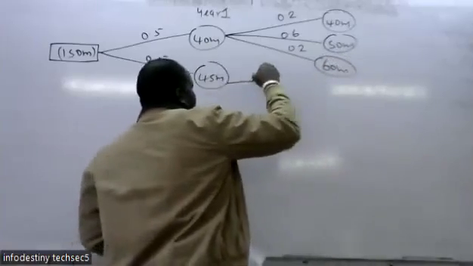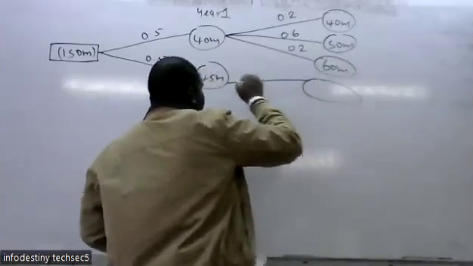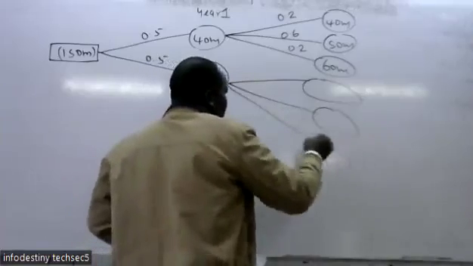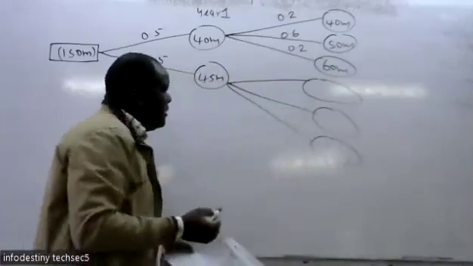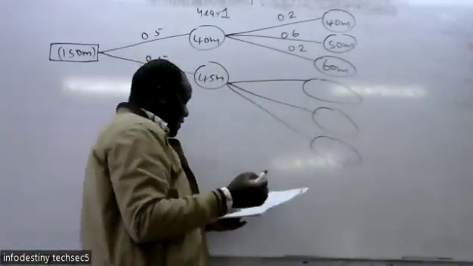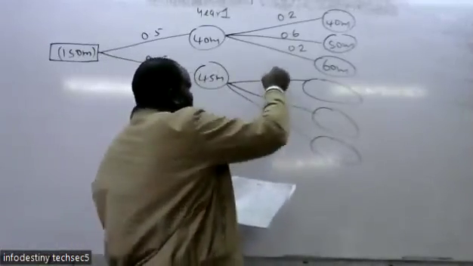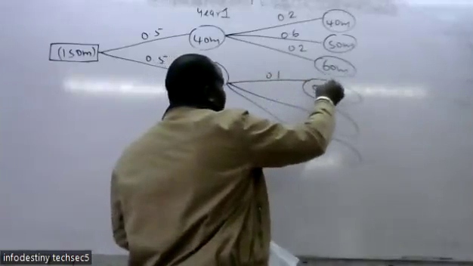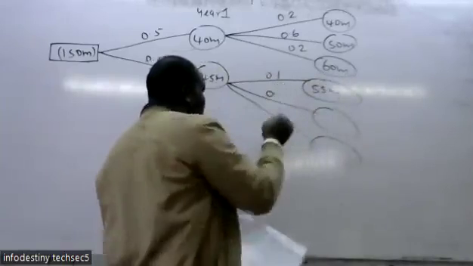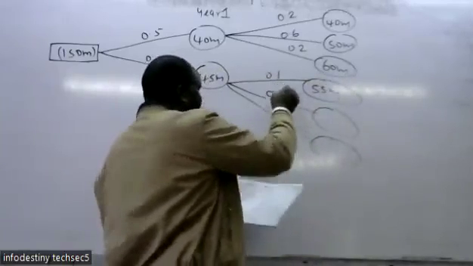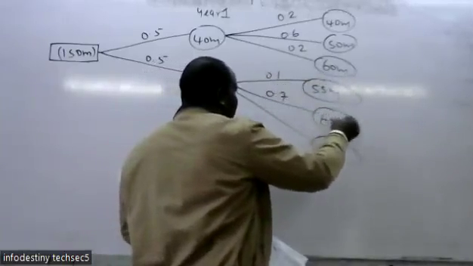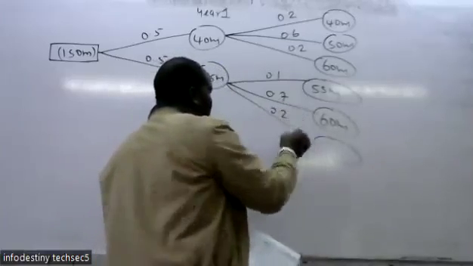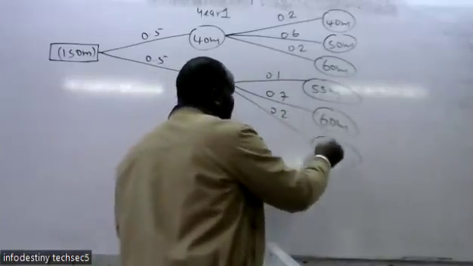Then this one also has 3 possibilities: 0.1 of getting 55 millions, 0.7 of getting 60 millions, and 0.2 of 65 millions.